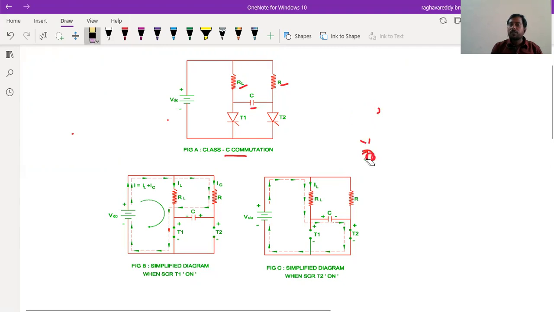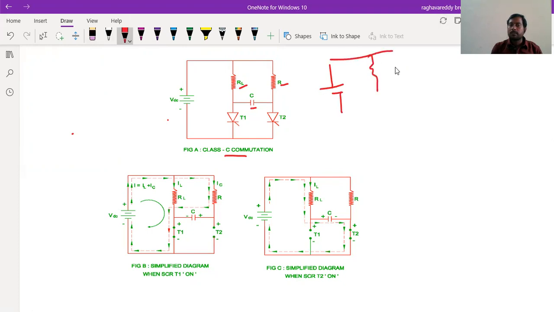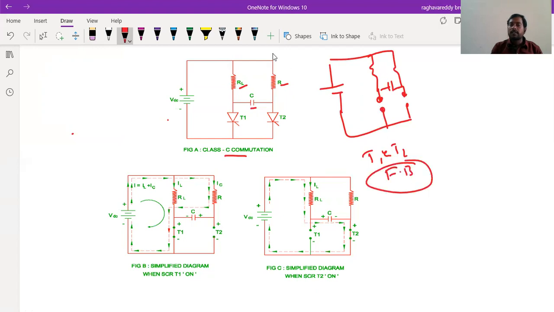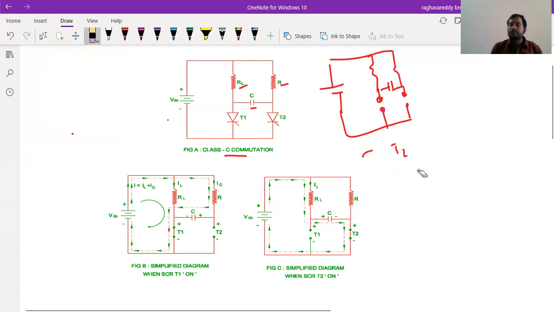So let us draw the circuit so you can understand better. This is the DC supply, these are the resistors, and this is the capacitor. Until we give the gate supply, thyristors T1 and T2 act as an open circuit, because T1 and T2 will be in forward blocking mode.